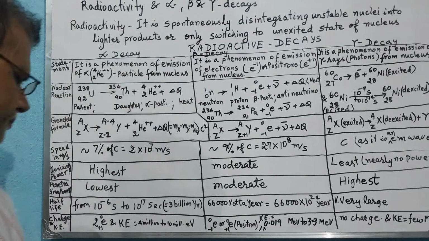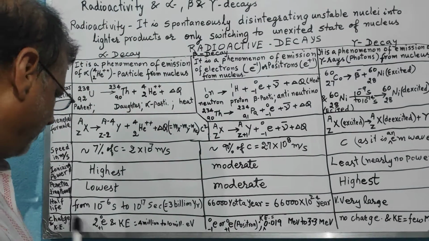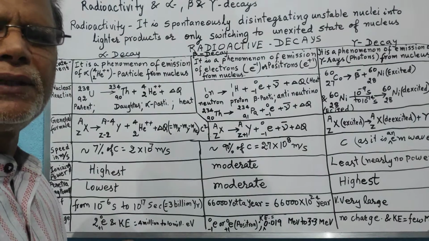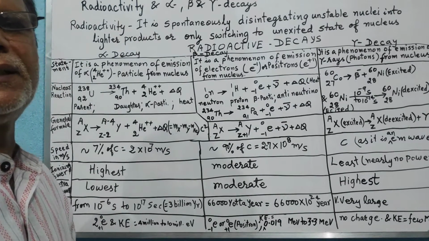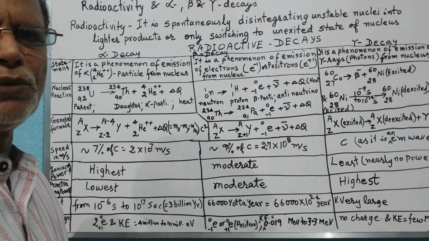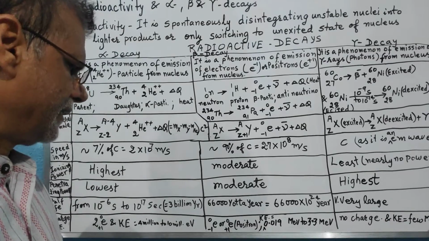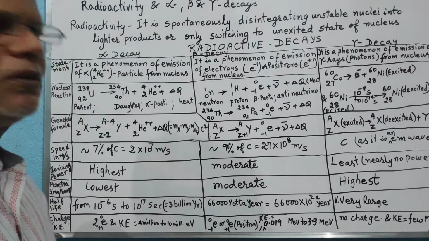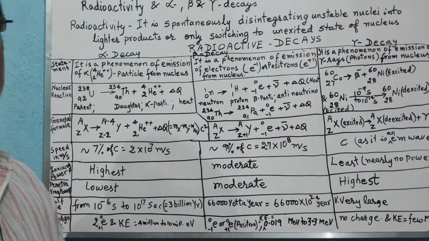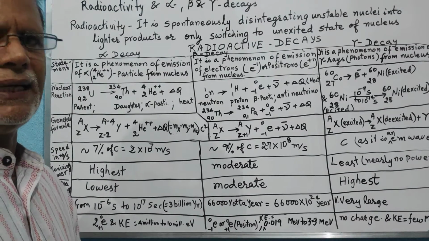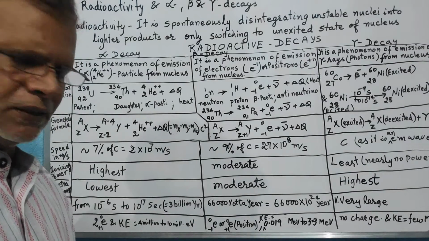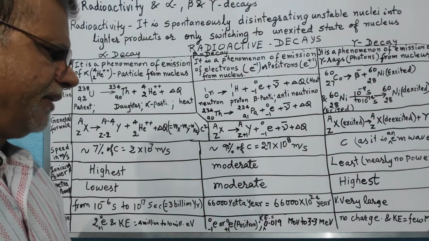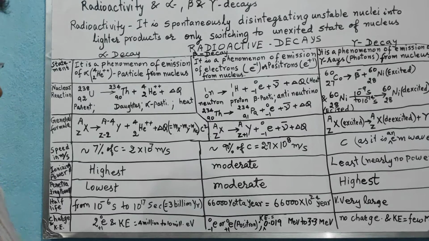Now since alpha particles are positively charged, they will be affected by an electric field. If in motion, they will be affected by a magnetic field. Similarly, electrons or positrons have charge, therefore they will be affected by an electric field, and if in motion, they will be affected by a magnetic field.